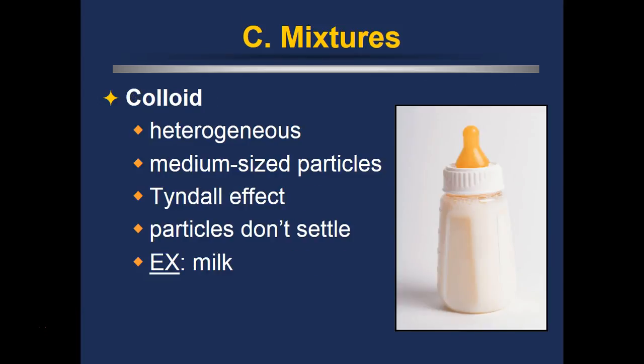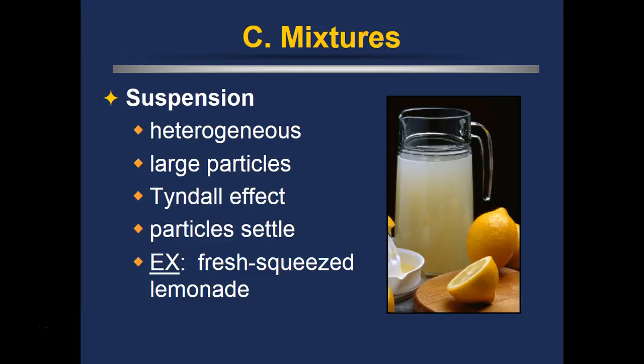A colloid, on the other hand, is heterogeneous. These particles are medium-sized. It does scatter light when light is shone through it, but these particles don't settle. So milk is a colloid. You can't see the different particles settling in milk, but it is made of different particles.